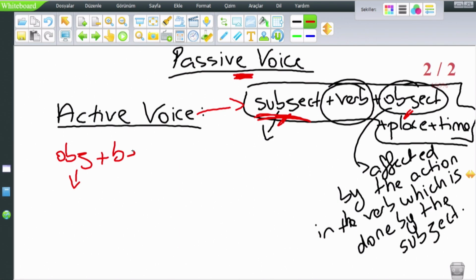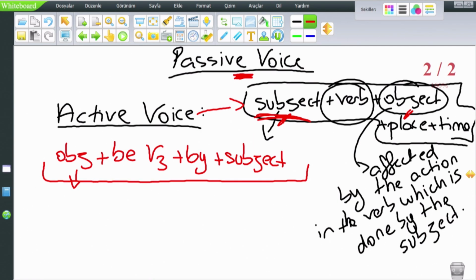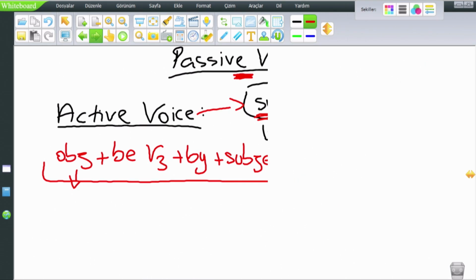And then we use be verb 3 form, and then we add who did it, which is our subject in a normal active voice sentence. This also applies for Turkish. We also use this grammar topic in Turkish, and this is the main reason why we do it.